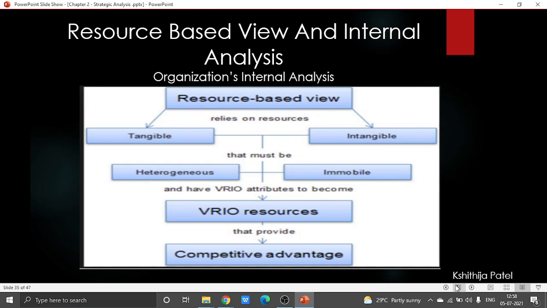So the last topic that we have under chapter 2 is the resource based view and the internal analysis of the organization that we have to do.